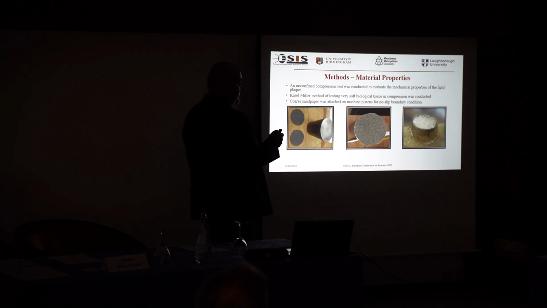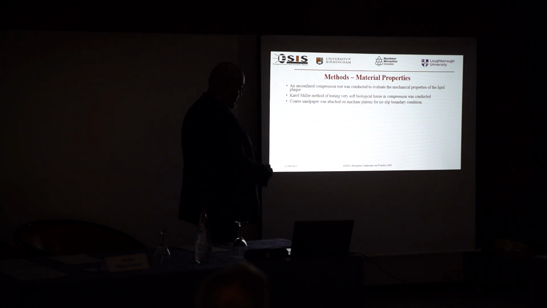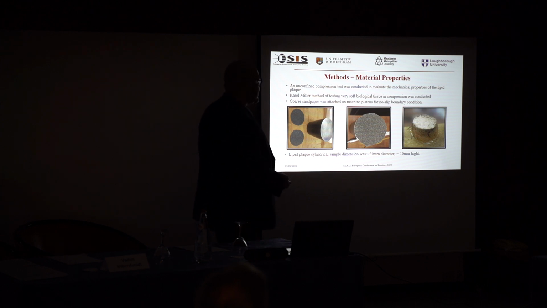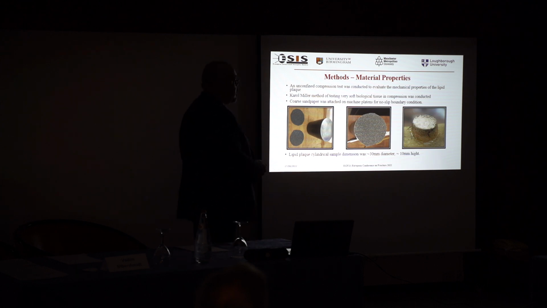This is the lipid plaque, and this is how the coarse paper is attached to one of the plates. The sample dimensions are 30 millimeter diameter and 10 millimeter wide.